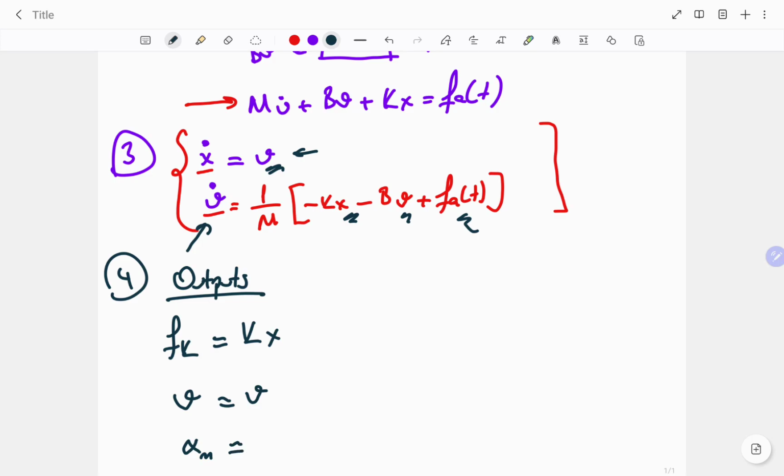It is also equal to v dot, the first derivative of the velocity, and for that part I can write 1 over m times minus k x minus b v plus Fa, because I know the right side includes only the state variables and the input. So I can use these equations as outputs. Thank you for watching.